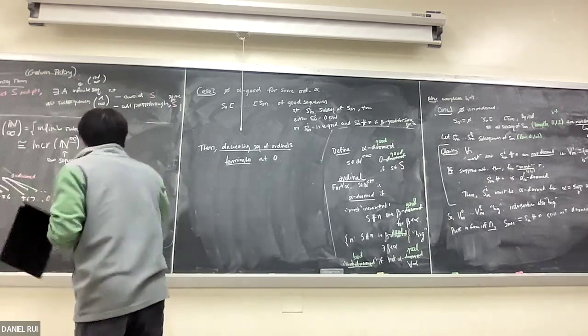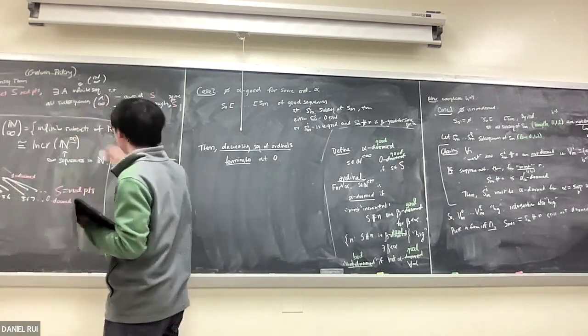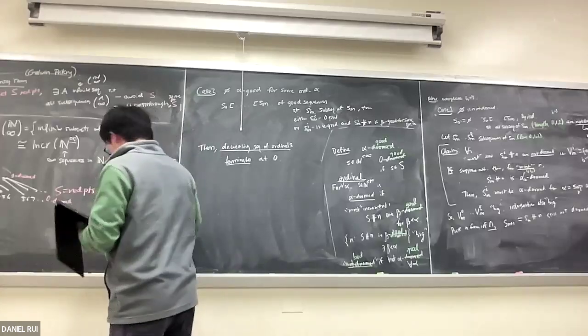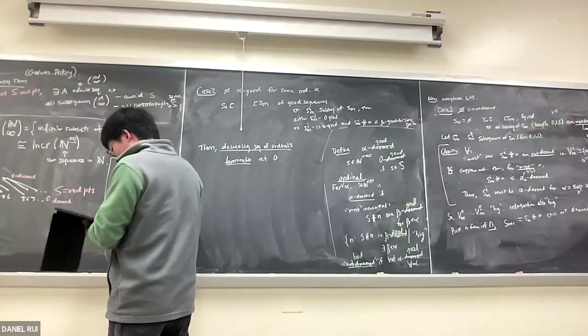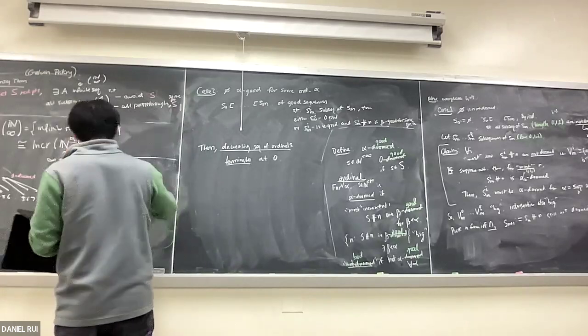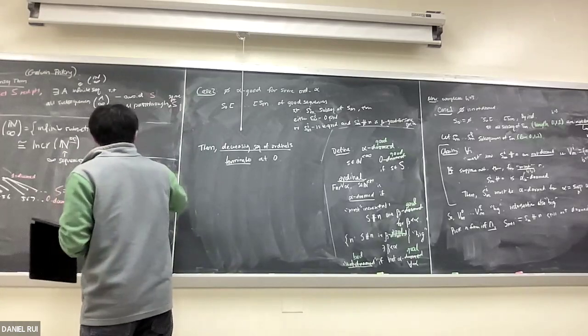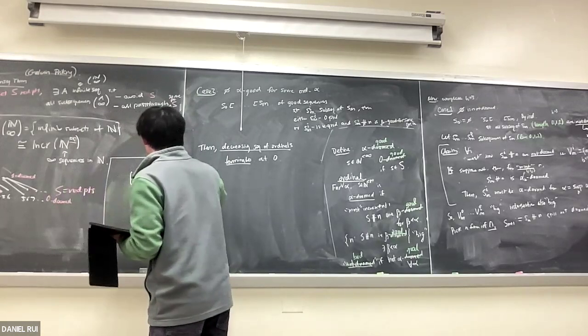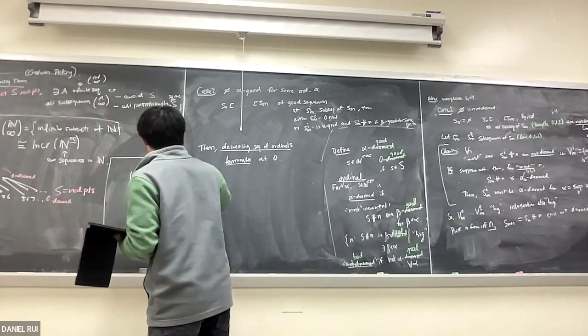But, okay, I just mentioned one thing. If you topologize N to the N, okay, so hold on. I have that N choose infinity is in bijection to increasing sequences.